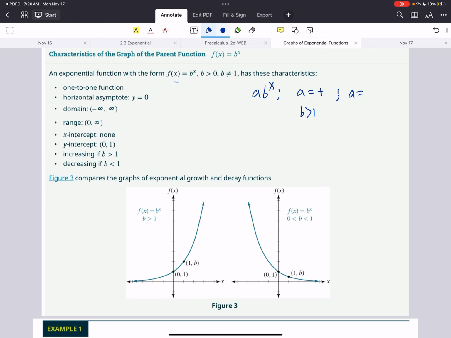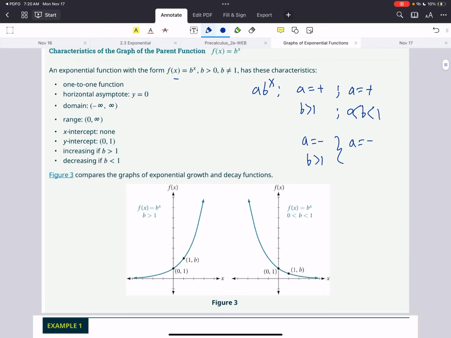Then you have a which is positive, b is between 0 and 1. Then you have a which is negative, b is greater than 1. Then a which is negative, and b is between 0 and 1. These are the 4 different cases.